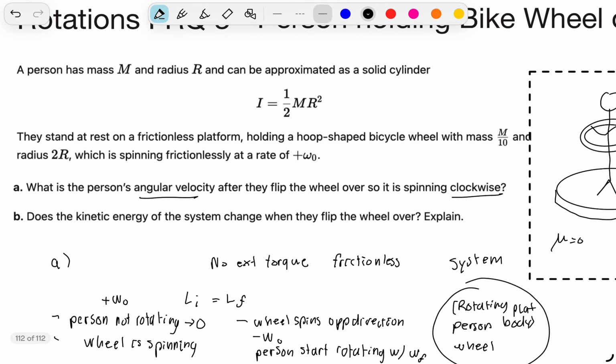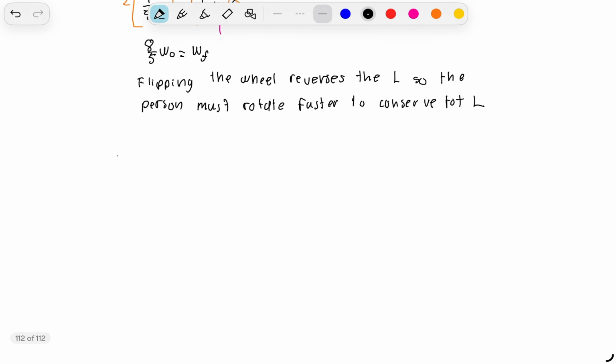Now, we're asked in part B, does the kinetic energy of the system change when they flip the wheel over? Well, is there a delta K? Well, initially, you had 1/2 I of the wheel times omega initial squared.